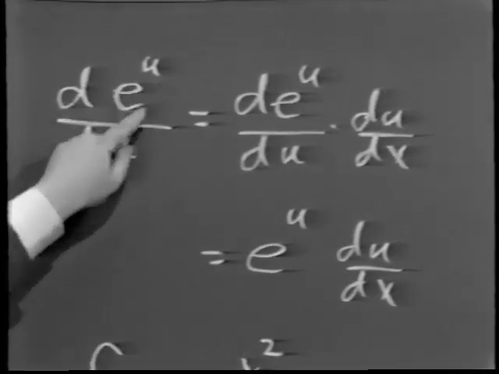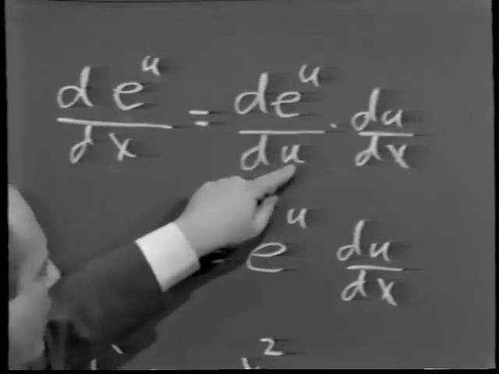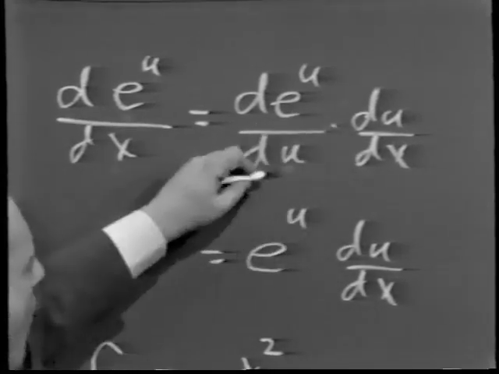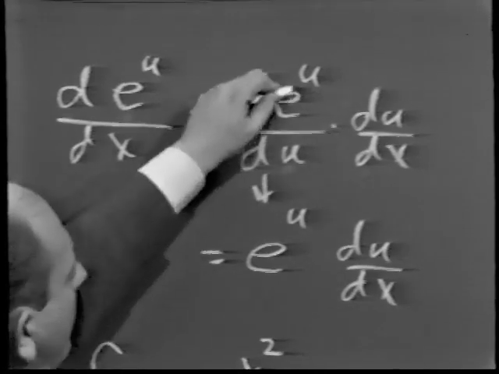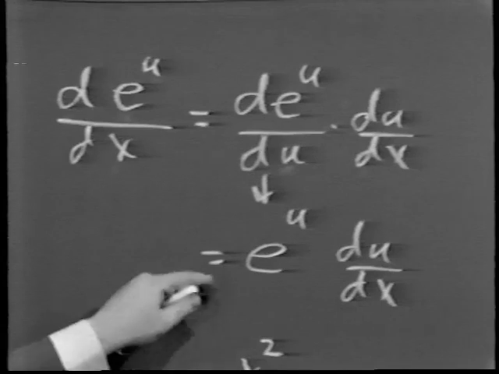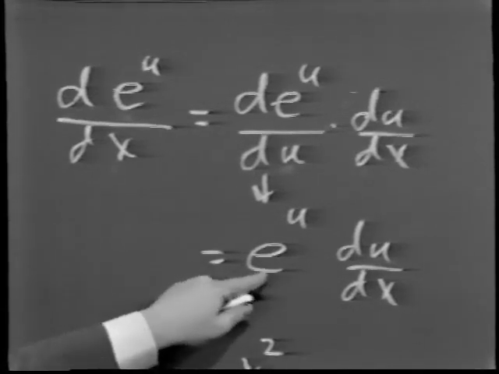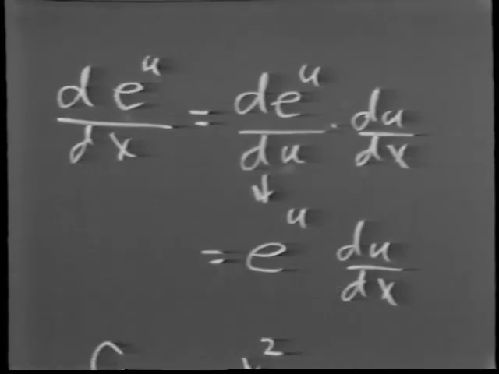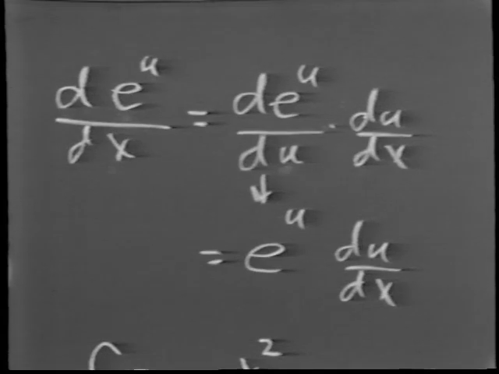It's the derivative of e to the u with respect to u times du dx. We've just shown that the derivative of e to the u with respect to u is e to the u again, and therefore the derivative of e to the u with respect to x is e to the u times du dx.